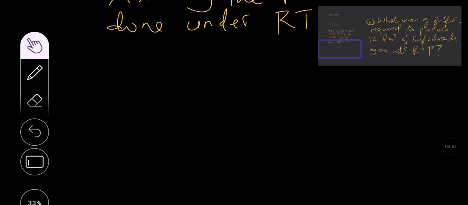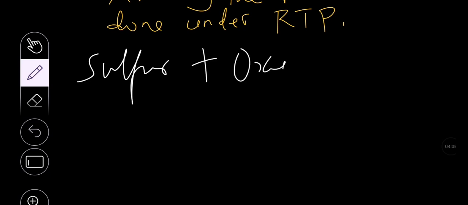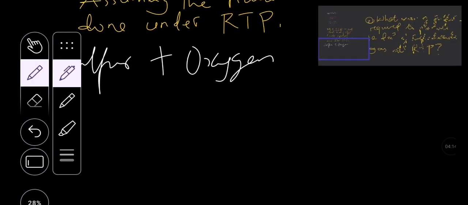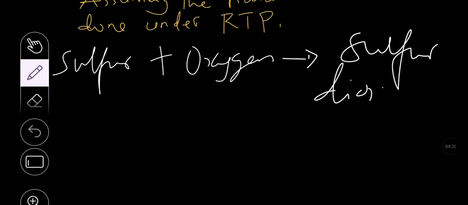So first, you can just write the word equation. You have sulfur, and then there is oxygen, and if you have these two, you are producing sulfur dioxide. So you can write the word equation this way.